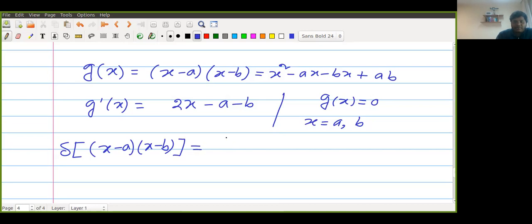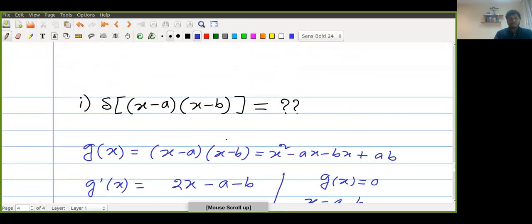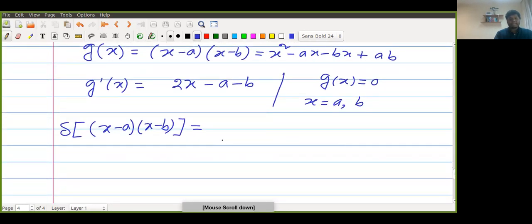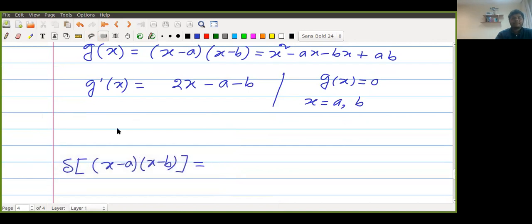So this will be according to the formula. Let me write the formula once again.